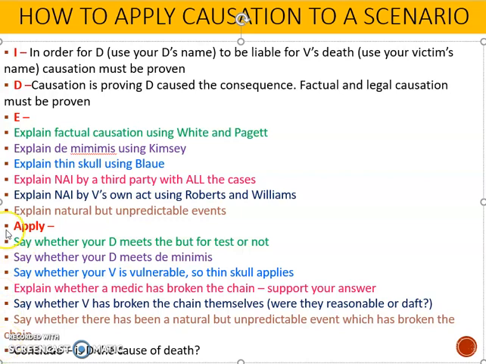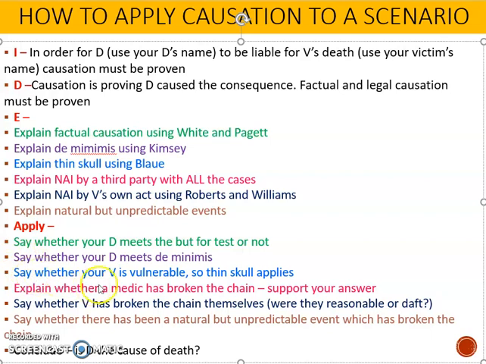So you look back at your scenario at this point and say, and we'd be saying in our case, it's Charlotte. Charlotte meets the but-for test for factual causation because Sarah never would have died but for Charlotte stabbing her in the stomach. Then move on to de minimis. So Charlotte meets the de minimis rule because stabbing Sarah in the stomach was more than a slight or trifling link.